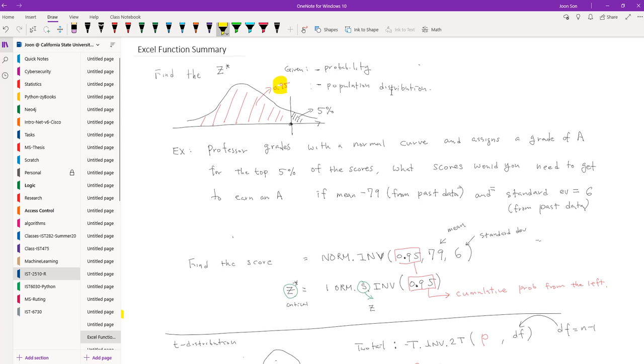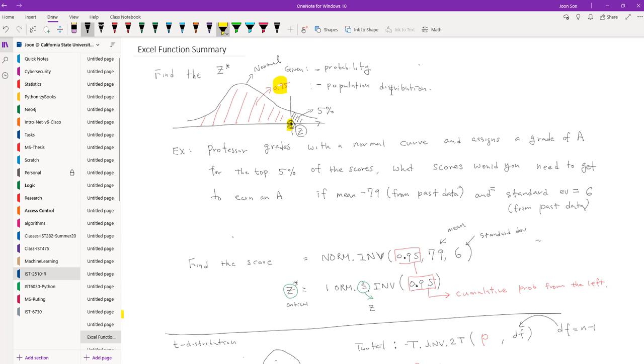In that case, if you want to find the z-value, assuming this is a normal curve, what function should you use? The function to find this critical value.